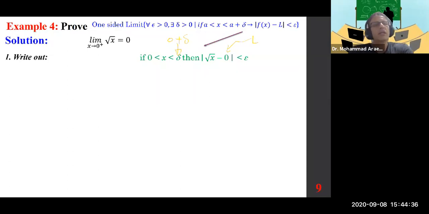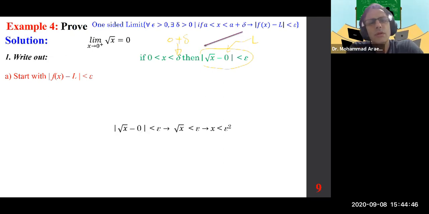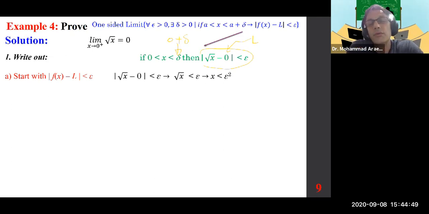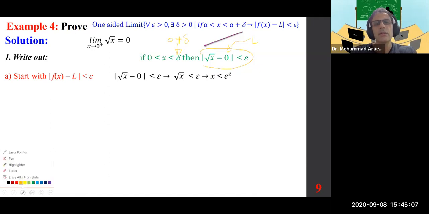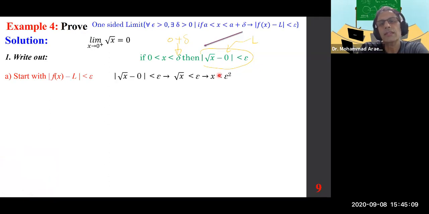All right, so that means we are going to start with absolute value of f of x minus L, which means we are going to start from this guy. So absolute value of square root of x minus 0 is less than epsilon, or simply put, square root of x is less than epsilon, and you can square both sides. Now if you compare, x is less than epsilon squared.